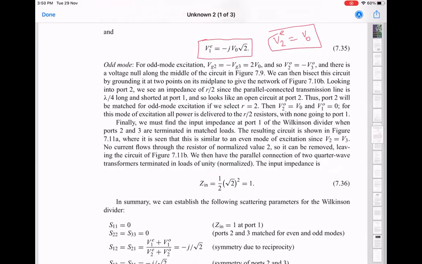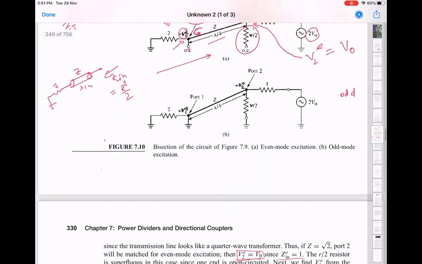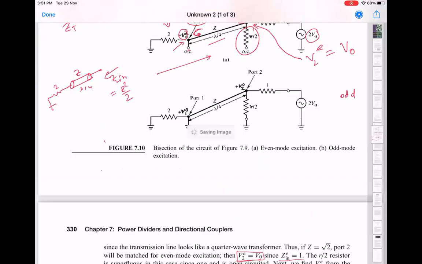So for odd mode, we already know this: Vg2 is minus Vg3 equals V0. So V2 is going to be always minus V3. So there's a voltage null, in the middle of the circuit. We bisect it and we get this effective circuit now, the lower one.